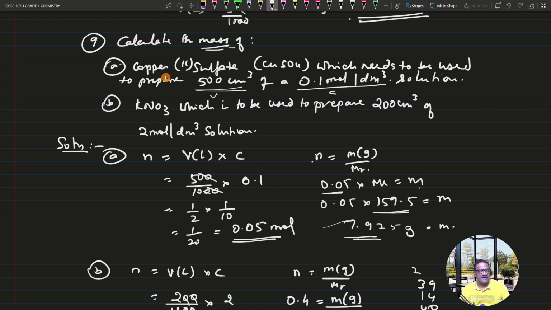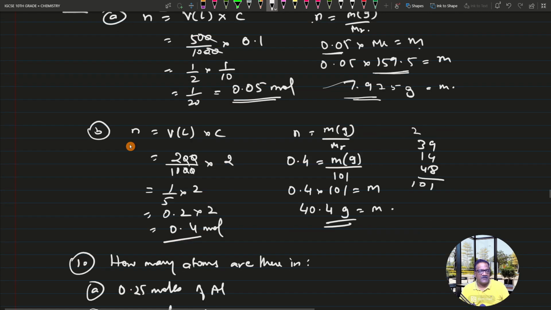B is you have to find the mass of KNO3, potassium nitrate, which is to be used to prepare 200 centimeter cube of 2 mole per decimeter cube solution. So concentration is given to you, volume is given to you, and you have to find out the mass. So first, as usual, we'll find out the n value. n will be equal to volume into concentration.